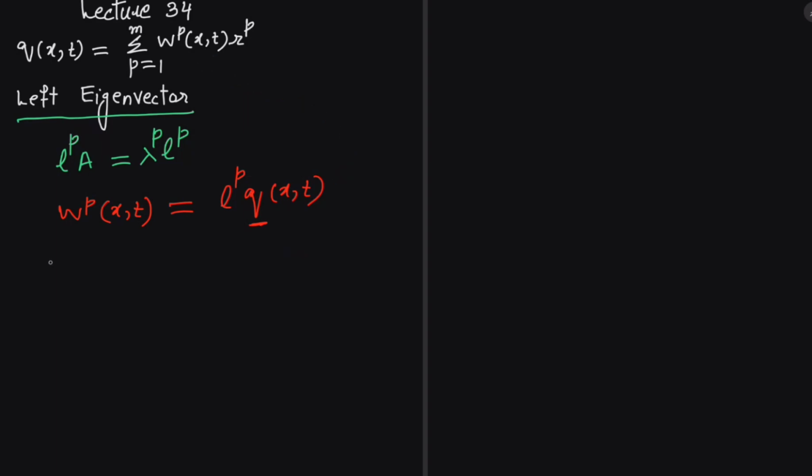That equation becomes q(x,t) = sum over p from 1 to m of l_p, and remember that the solution, since it is an advection equation, should have q_0(x − λ_p t).